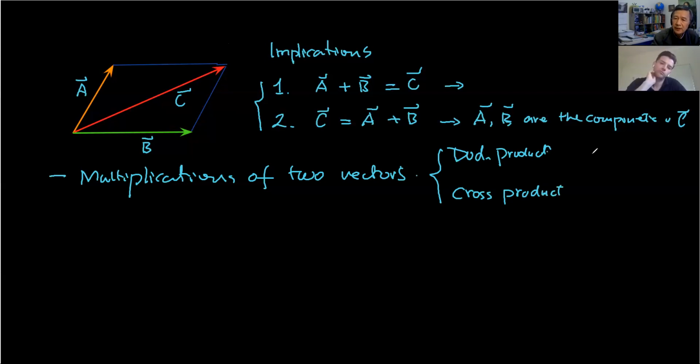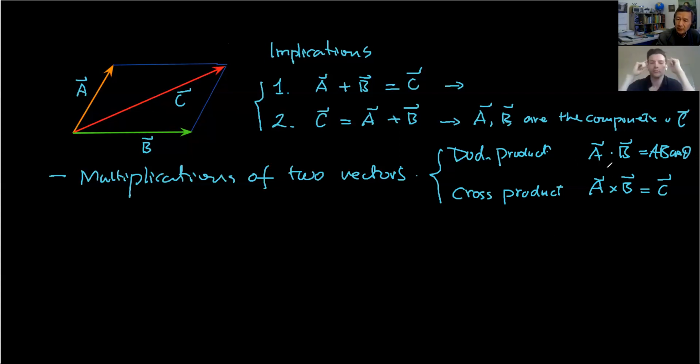The notation for this one is A dot B, and the cross product is A cross B. In the cross product, you get a new vector, and in the dot product, you get a scalar: A, B, and the cosine theta.